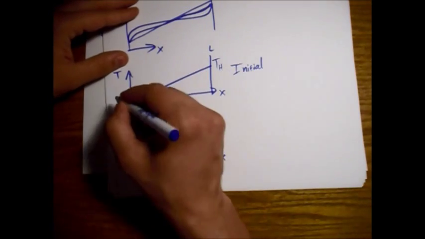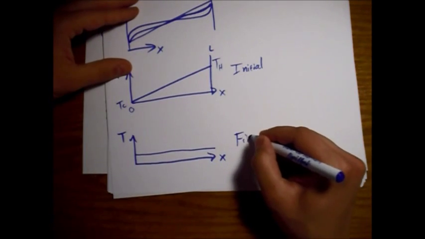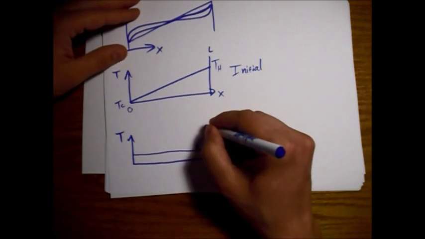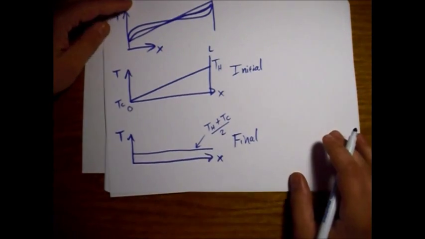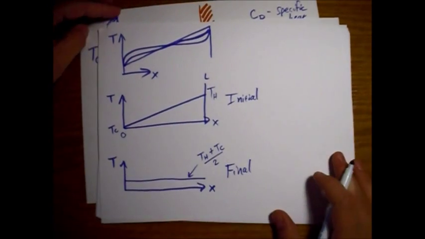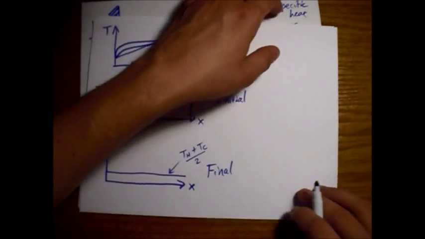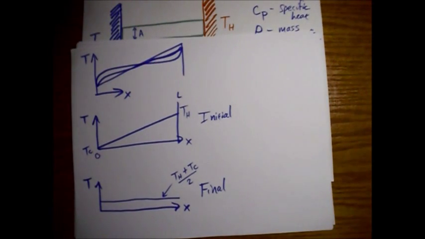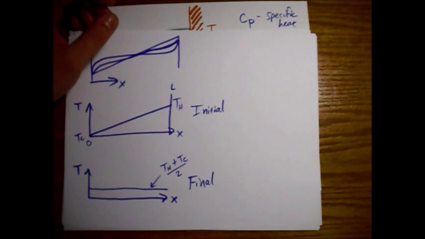So if this is T_H and this is T_C, our final state here is just going to be (T_H + T_C)/2, just the average between T_H and T_C. And it's just because the temperature and the energy, because the specific heat is just a constant, doesn't depend on the temperature or anything like that.